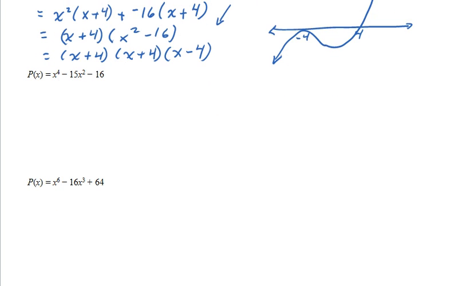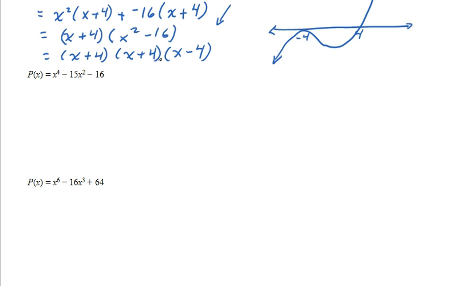Our next function is p of x equals x to the fourth minus 15x squared minus 16. Remember that we have studied functions that are quadratic in form. So this is an example of that type of factorization.